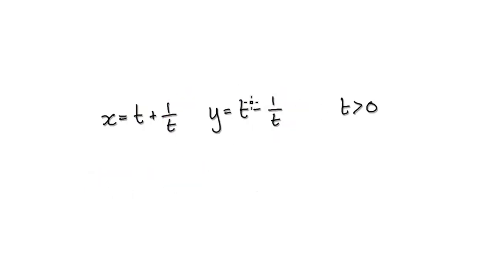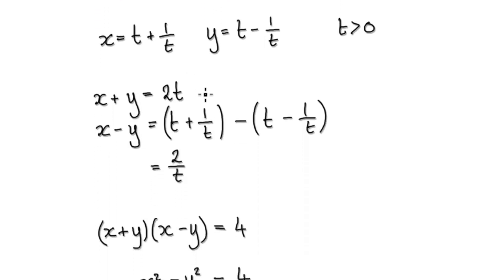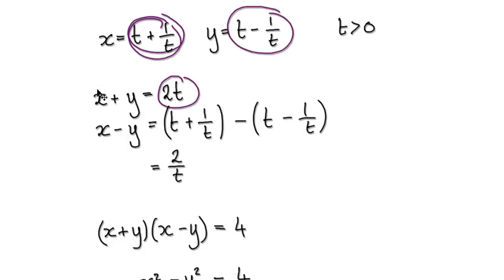So the trick to eliminating the t is to consider getting this plus this. If you get this plus this, it will give you 2t. That's the first part.